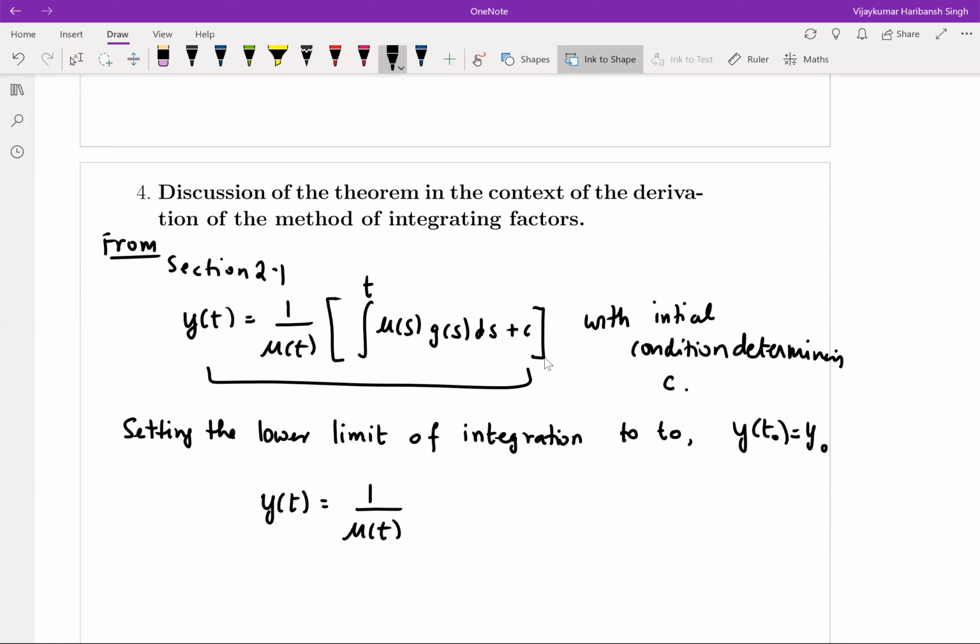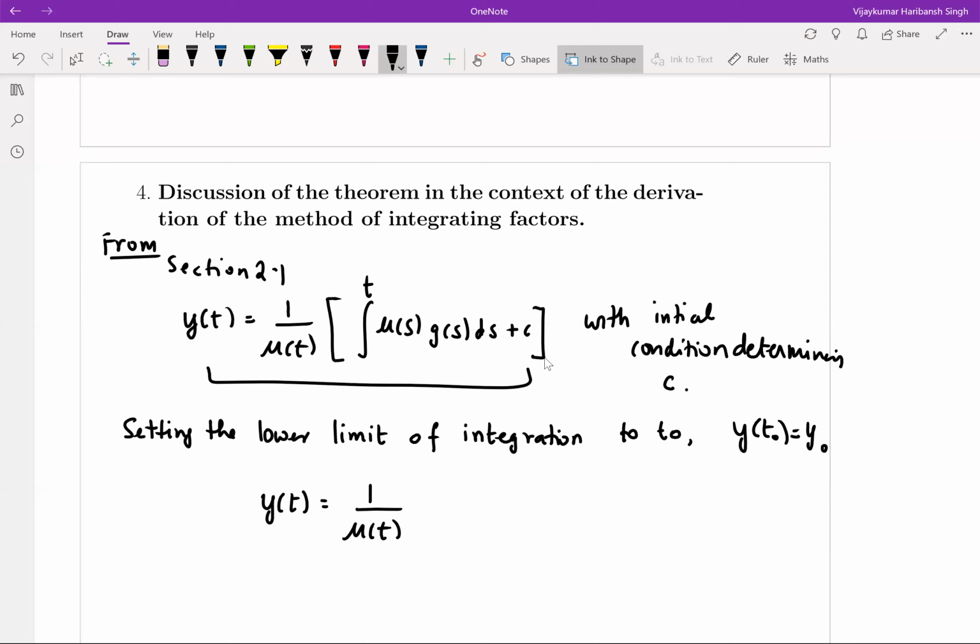Okay. So let's read this again. Suppose that p of t and g of t are continuous on an open interval I given by this open interval alpha to beta, and it also contains the point t naught. Then there is a unique solution or unique function y equals phi of t that satisfies this differential equation along with the initial condition y of t naught equals y naught, where y naught is an arbitrary prescribed initial value.